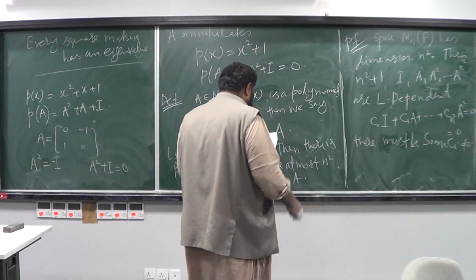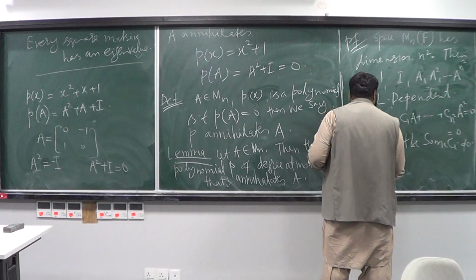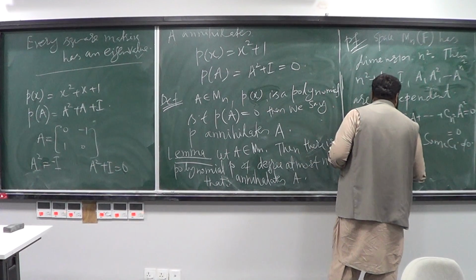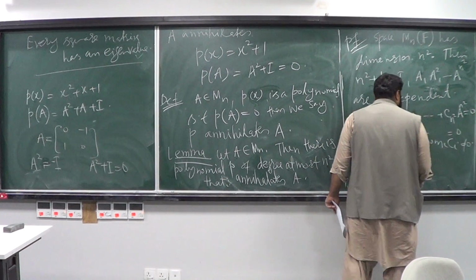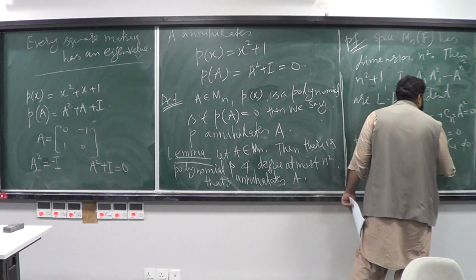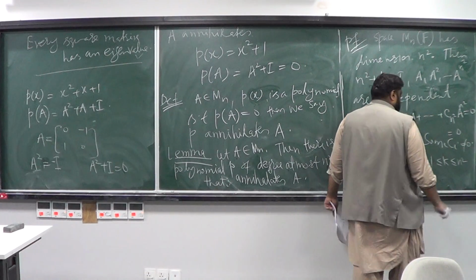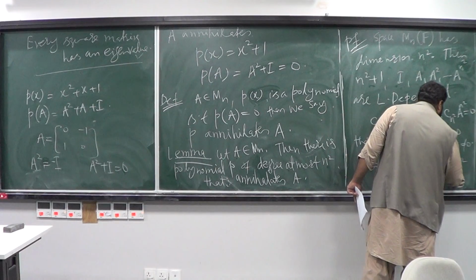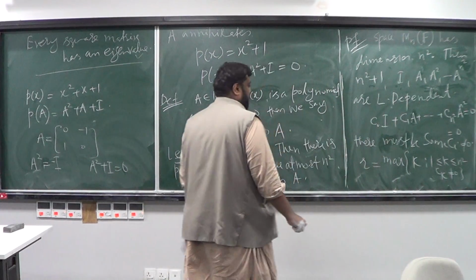So this is a basic fact. If I take, for example, R as the maximum of the index between 1 and n square, such that the coefficient corresponding to it is not 0, okay.